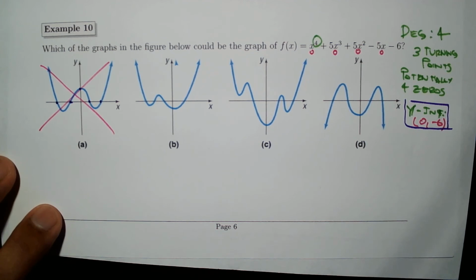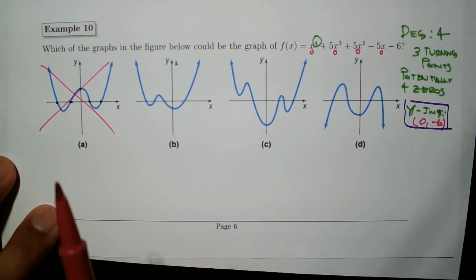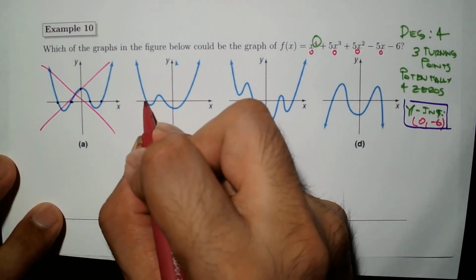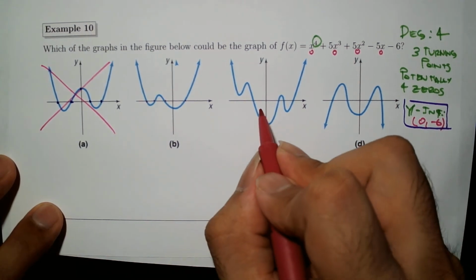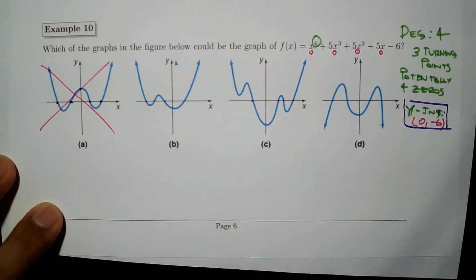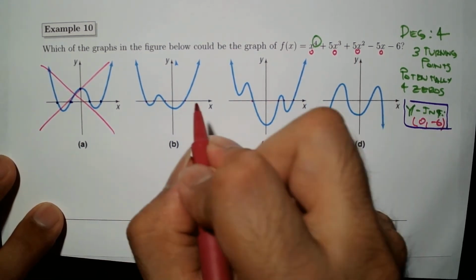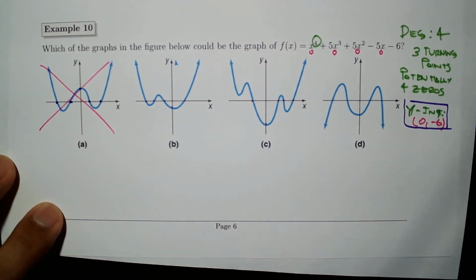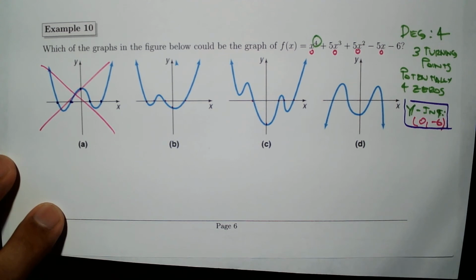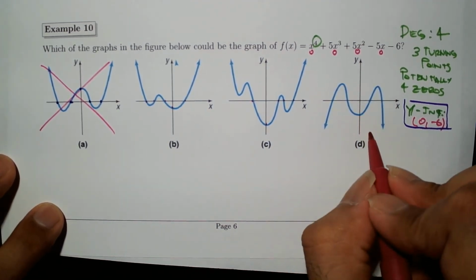Okay, what else do we have? Let's see the graph of B. The graph of B has 1, 2, 3, 4 zeros, and C also has 1, 2, 3, 4 zeros, correct? And both of them have a negative y-intercept. So it could be between these two. However, we need to watch those graphs more closely. Okay, what about D?